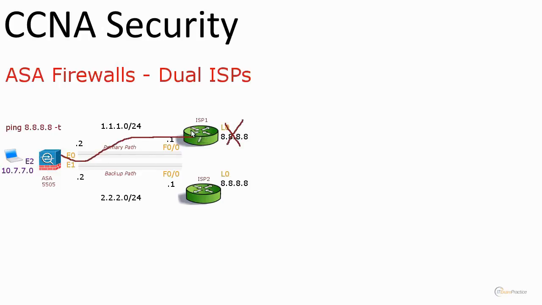ASA should recognize, oh, I can't ping the ISP1. I cannot ping ISP1. I should start using ISP2. That is why I used the same loopback interface on both routers. Thanks to that, we can do a failover test.